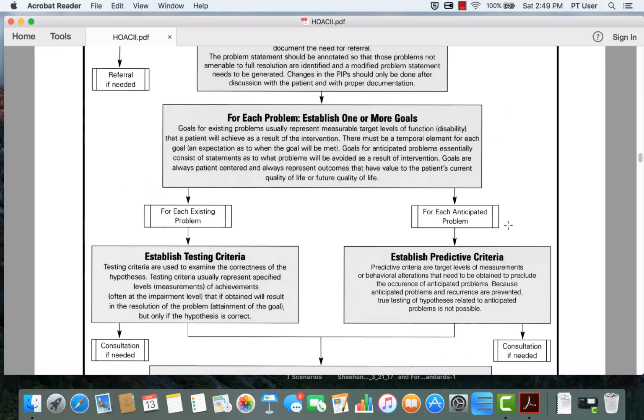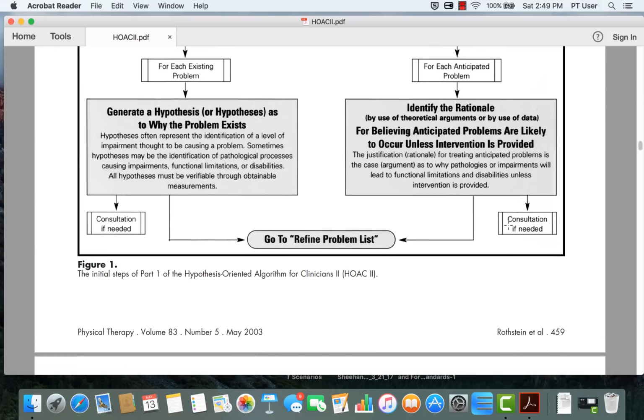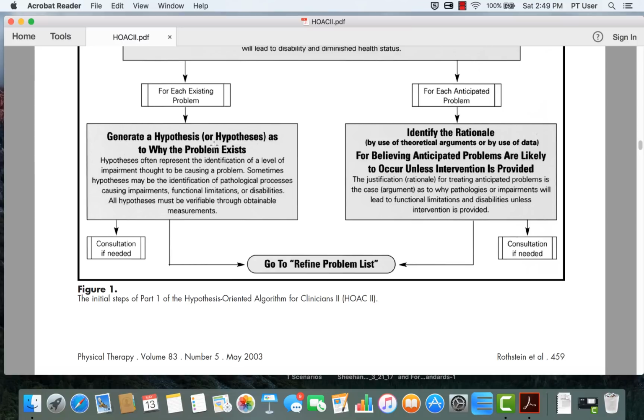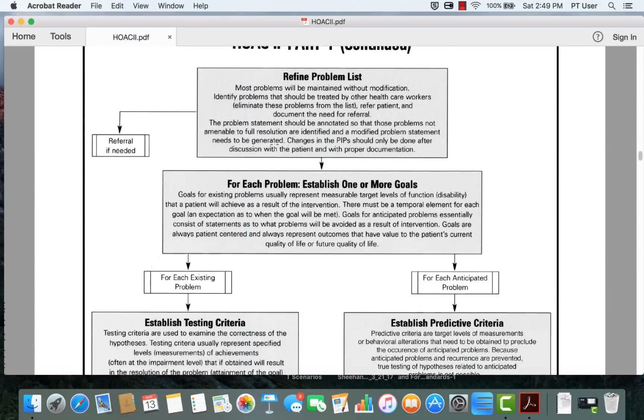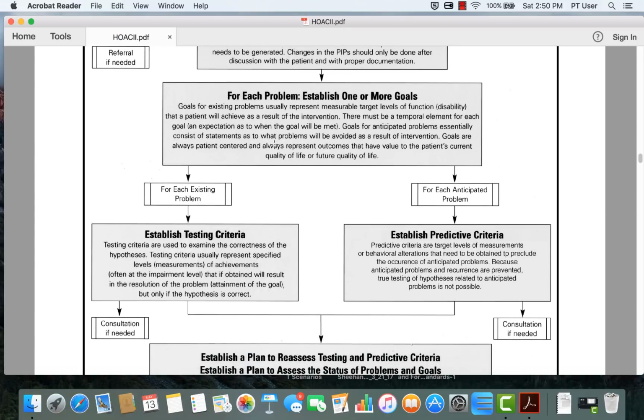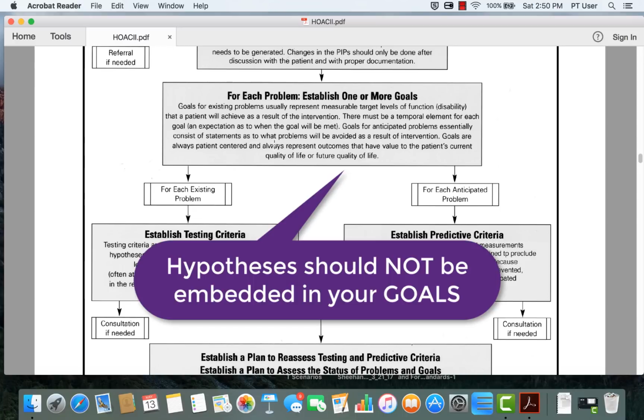Now, if we scroll back up, you notice that hypotheses are the causal relationship between impairments and function. If I'm writing goals whereby the short-term goals are impairment and the long-term goals are function, then I'm essentially embedding my hypotheses within my goals. And the problem with that is, what if I am wrong with my hypothesis?